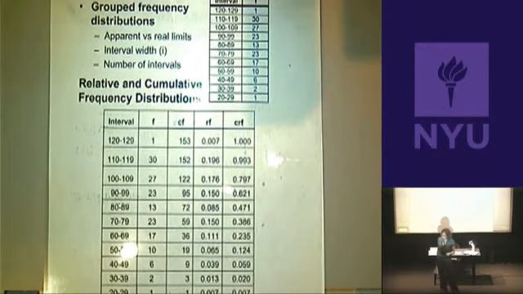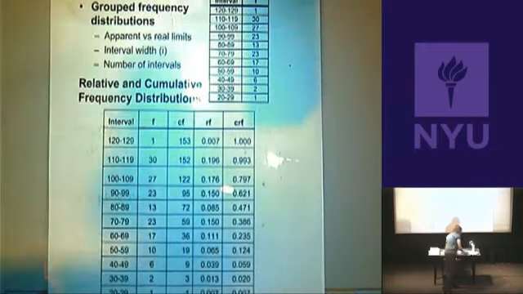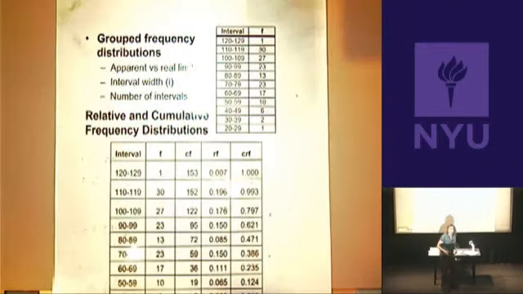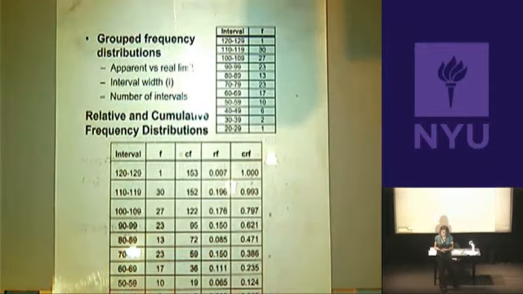Let's take a look. The first thing you should do is find the range of values. The range of values is the highest number minus the lowest number possible in your scores, again using real limits. So in this case, what would it be?